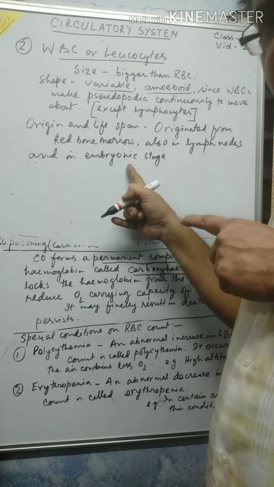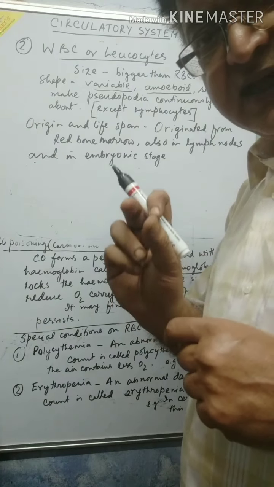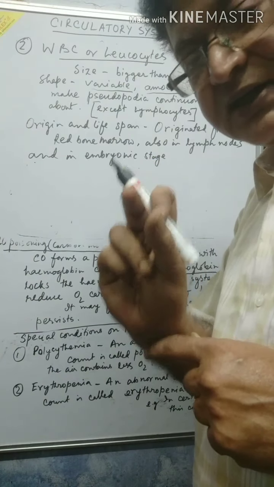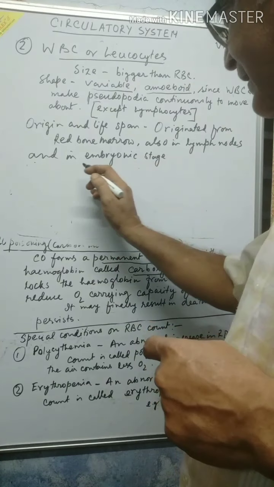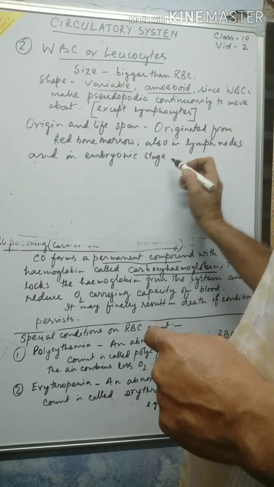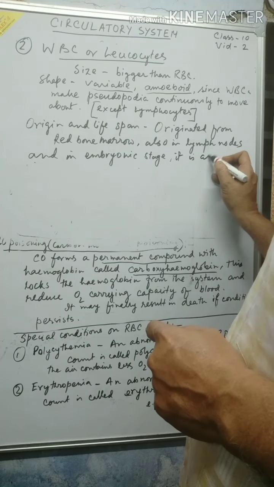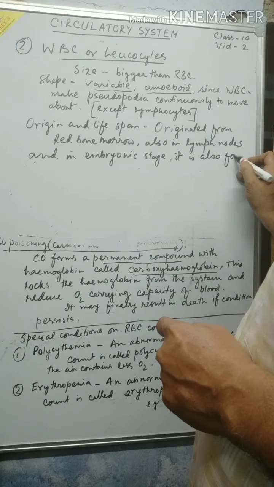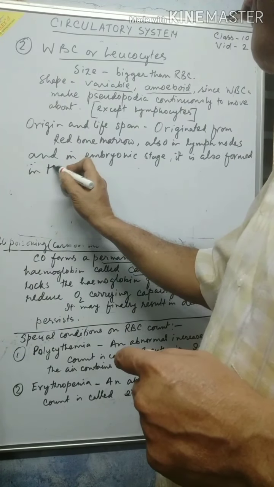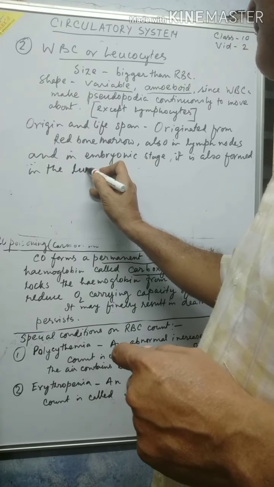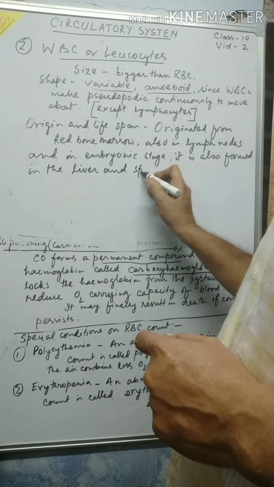What does this mean? Embryonic stage means when the human body is in the form of an embryo in the mother's womb. At that time it is called embryonic stage. It is also formed in the liver and spleen.